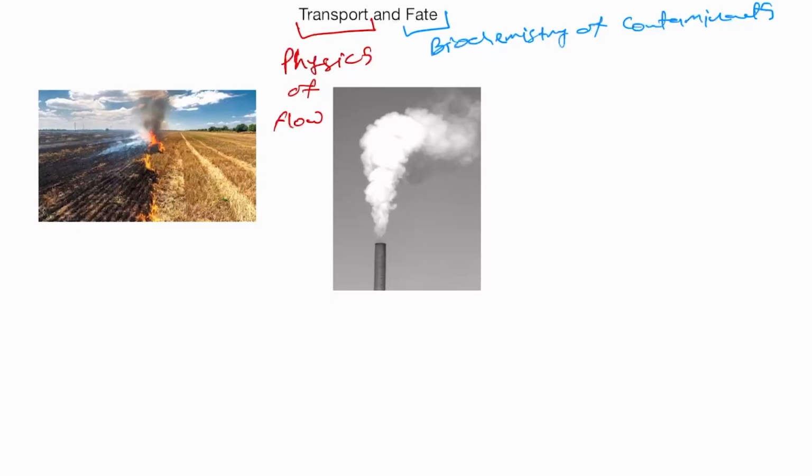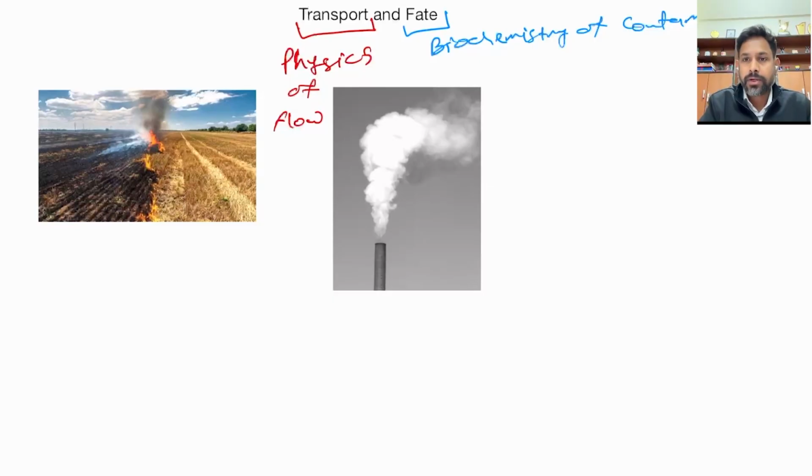So basically, how does it mix with air, or how does it affect our body if we inhale it, etc. That is the biochemistry part, and we are not really concerned about biochemistry. We are more concerned about the physics of flow, or transport of contaminants from one place to the other.